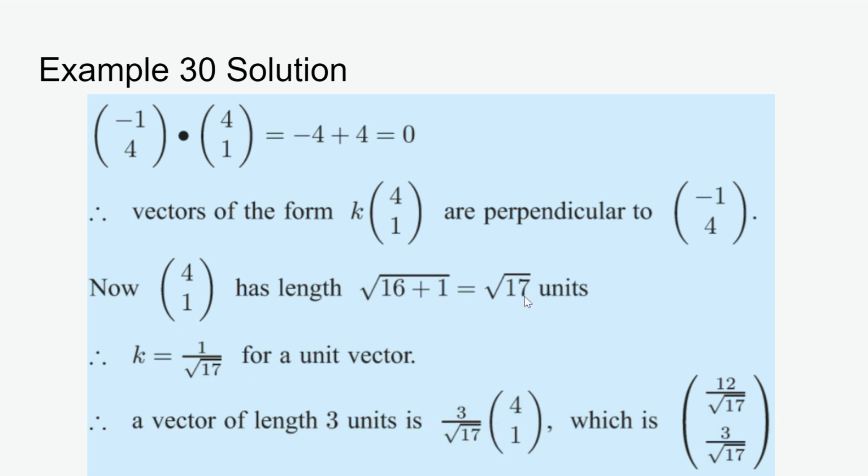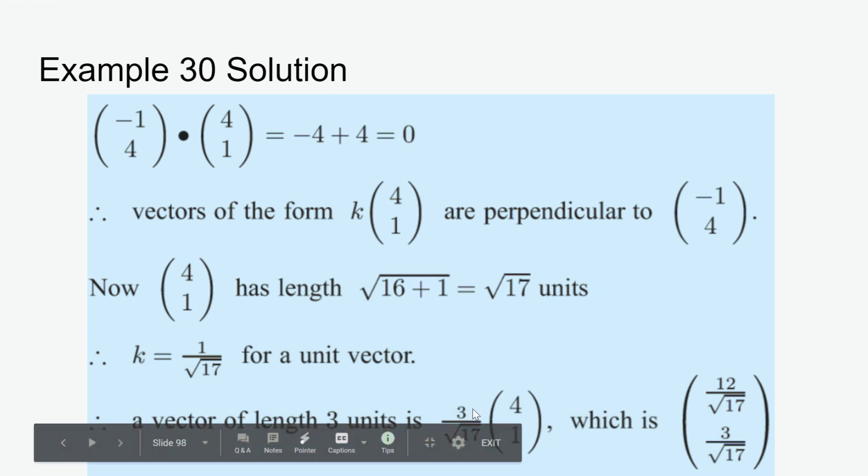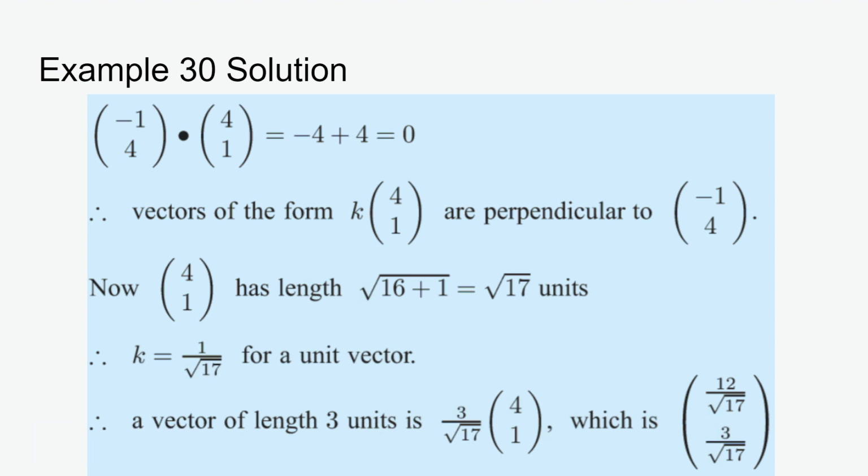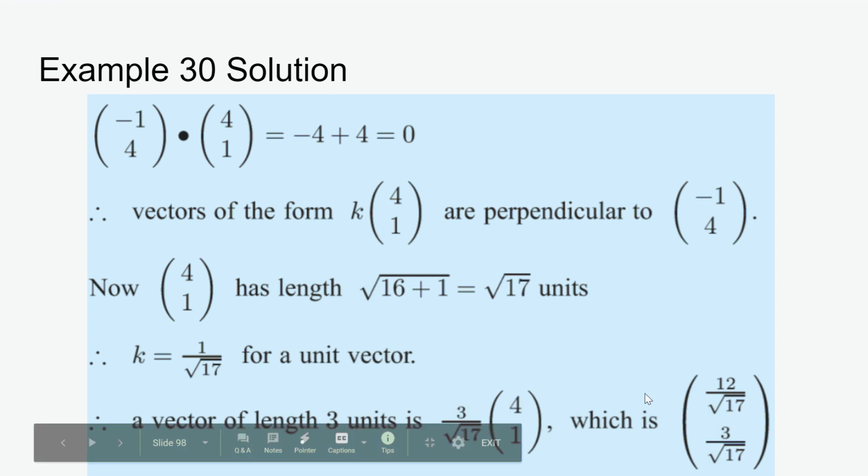So if I want it to be 3 units long, I'm going to multiply that vector 4, 1 times 3 over root 17. I could leave it as 3 over root 17 times the vector 4, 1, or I could distribute that and write this answer here, 12 over root 17, 3 over root 17. I don't have to distribute, but I can.